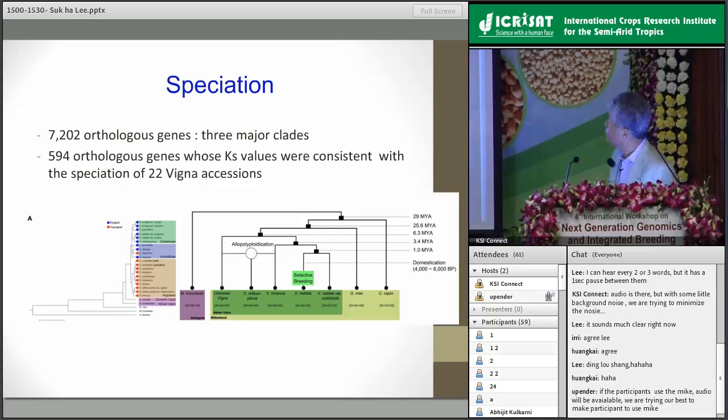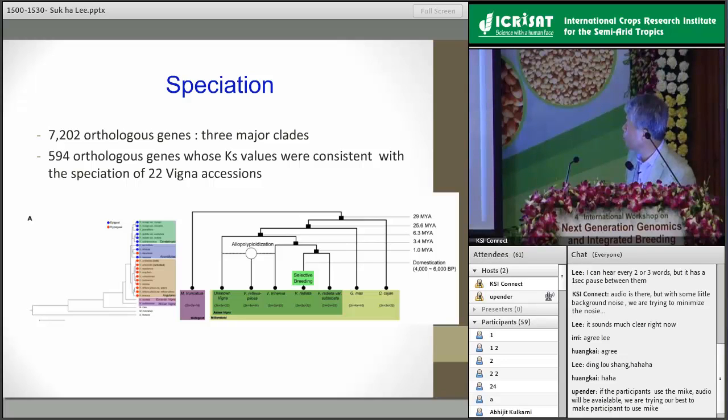In addition, we found that some Vigna species have an allopolyploidized genome structure. One of the parents should be Vigna trinervia, but we don't know the other one.